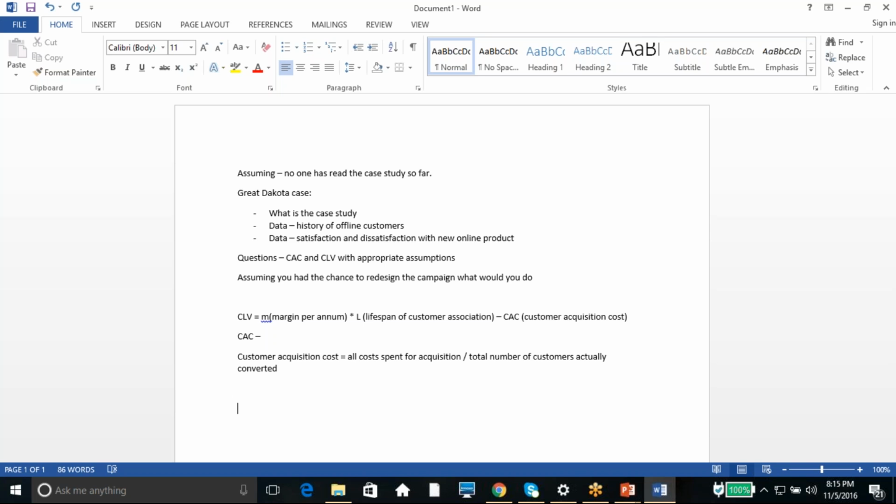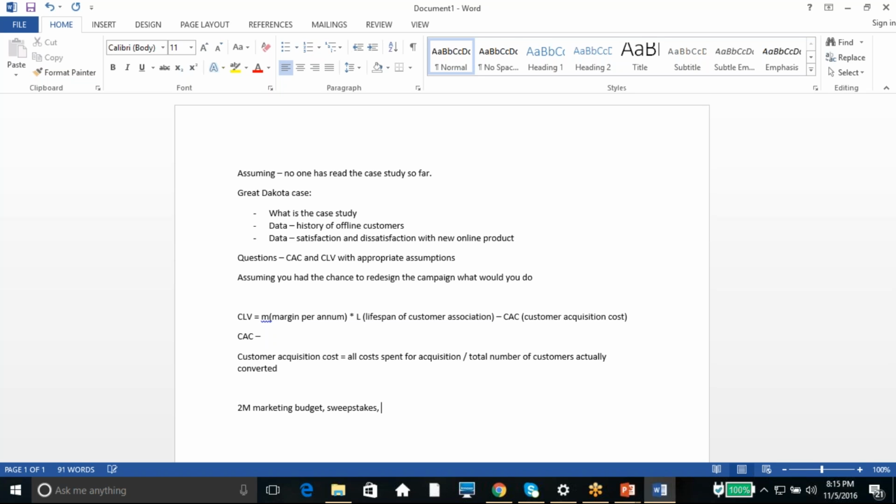Okay, so for the acquisition cost, they have given a 2 million marketing budget or advertising budget. Then they've talked about some sweepstakes, etc. So when you look at these things, you have to first differentiate on what are the actual costs.